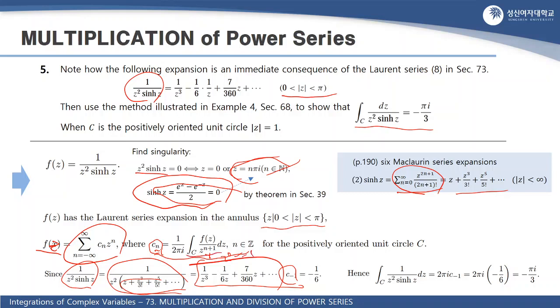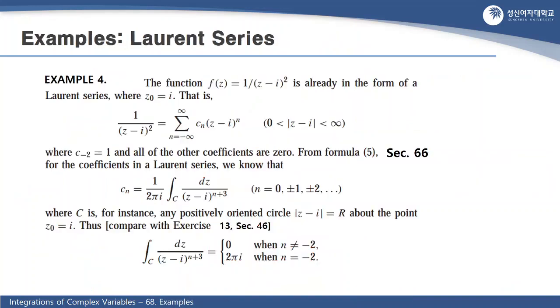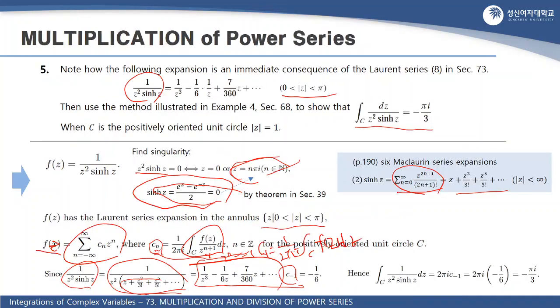So this part would be the integral along C of f of z dz. Okay, 1 over 2 pi i times the integral equals c sub negative 1. Then if we multiply both sides by 2 pi i, we get 2 pi i times c sub negative 1 equals the integral along C of f of z dz.